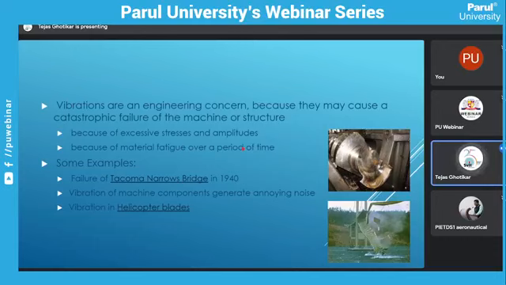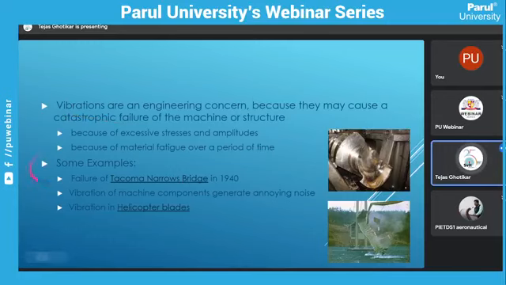Fatigue means over a period of time. If you apply stress on the system, even if it is below its critical level, the material may fail. That comes under fatigue failure. So these are a few of the effects of vibration.